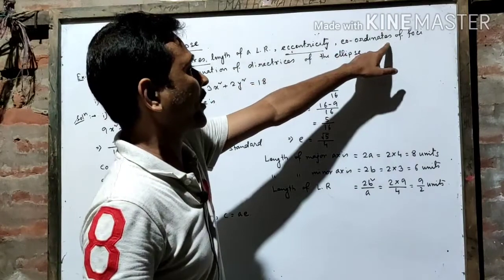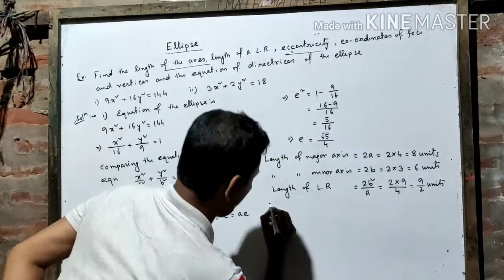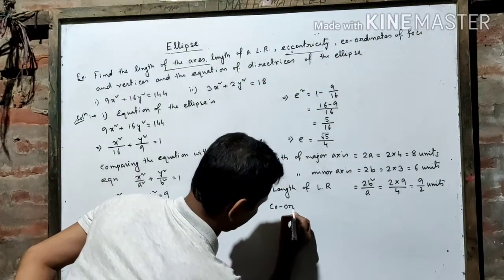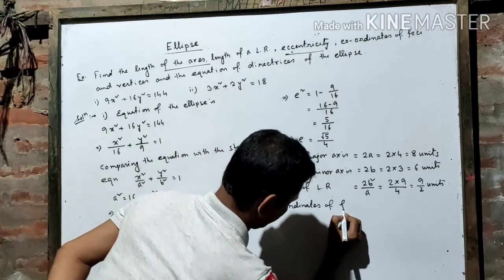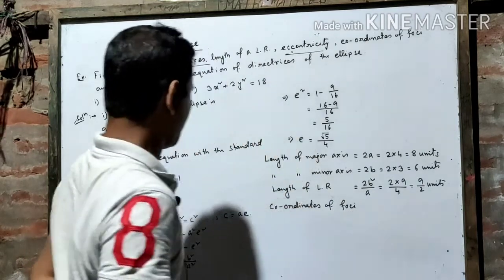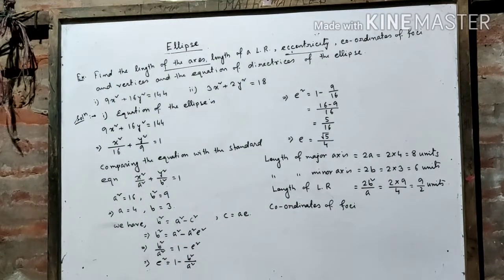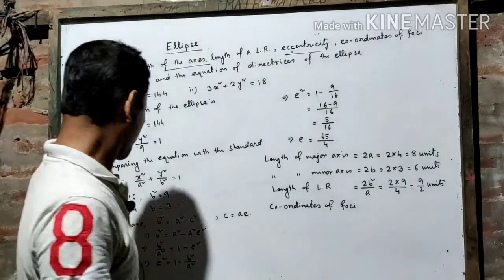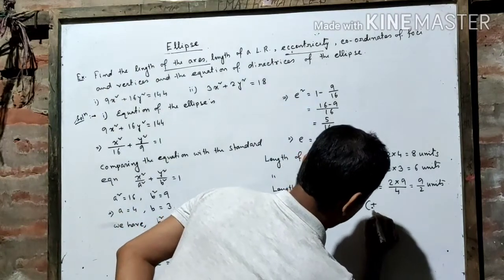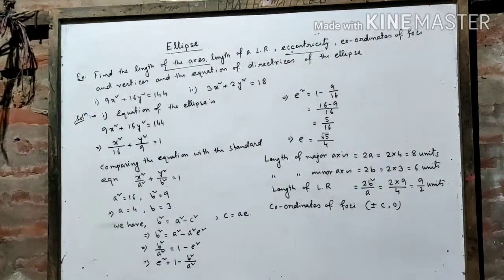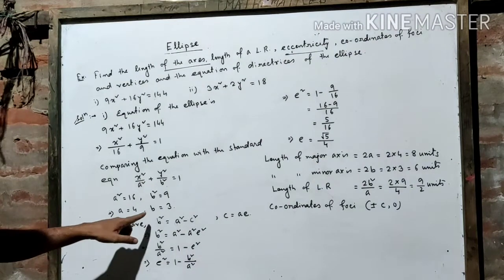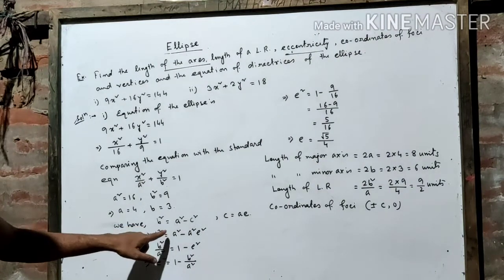Then coordinates of foci. Coordinates of foci is plus minus c, 0. And what is c? c is ae.